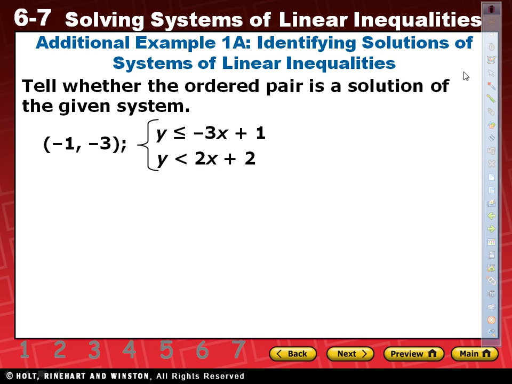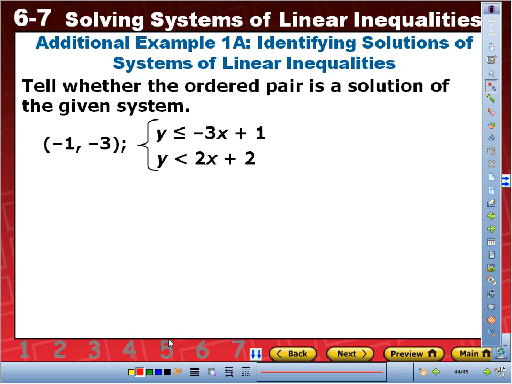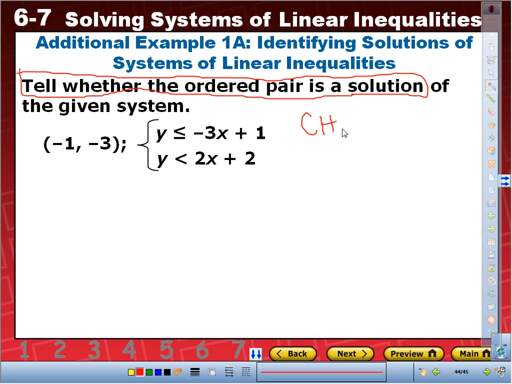And by the way, guys, notice the wording where it says tell whether the ordered pair is a solution. Basically, what that means is for us to check. But it's just wording.